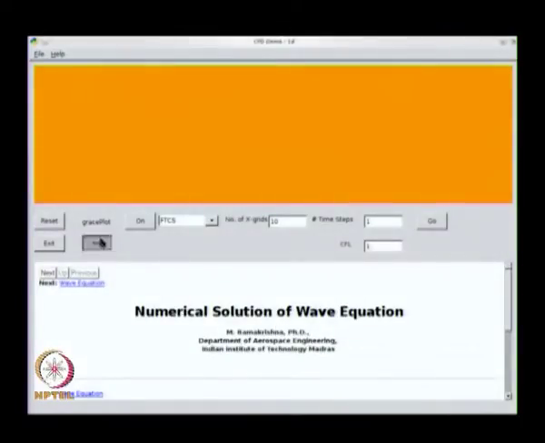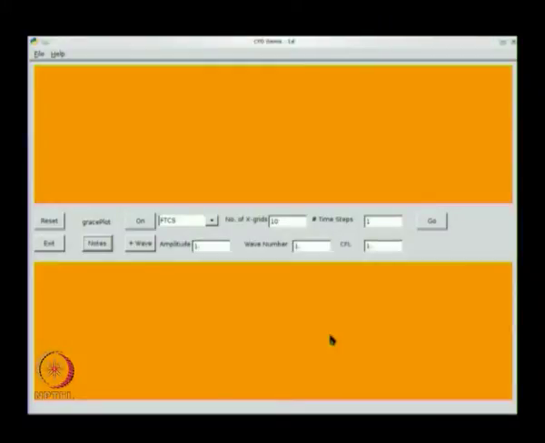I have made a few small changes since the last time, the code is an evolving code. For example, if I say reset, oh, I have eliminated the reset, anyway, okay, fine.